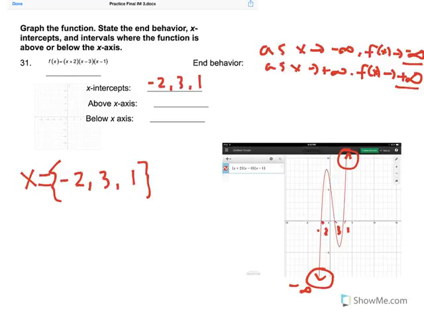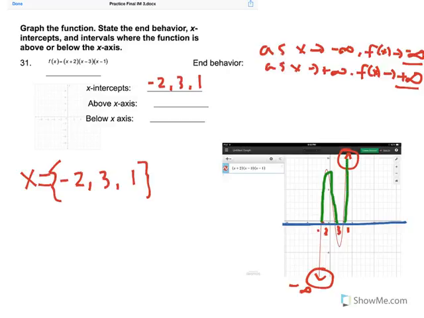Next, where is the graph above the x-axis? Here is the x-axis, but where is the graph above? Where it's above is this curve right here. So it's between the first and the second zero that it's going to be above the x-axis, and it's also going to be after the third zero.